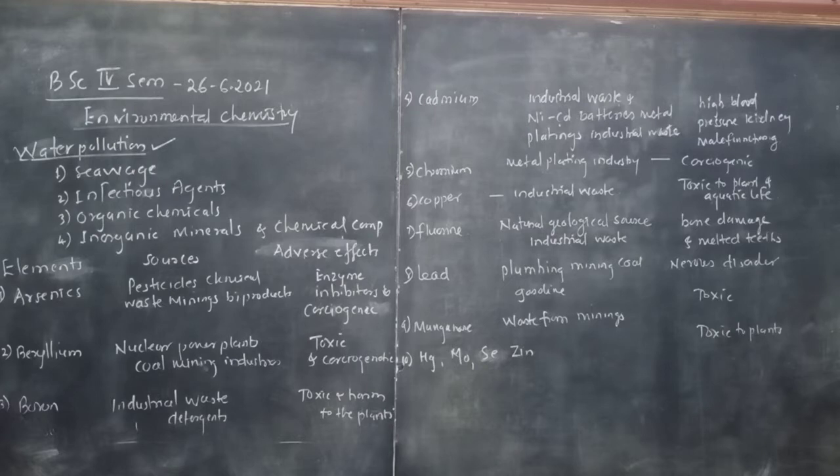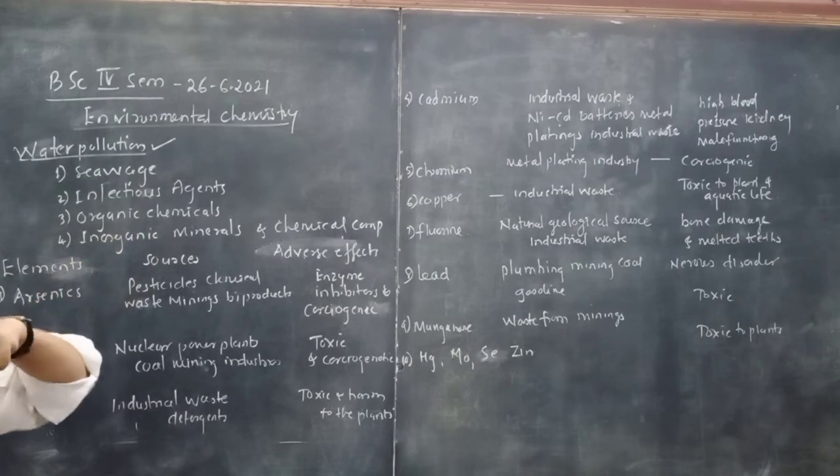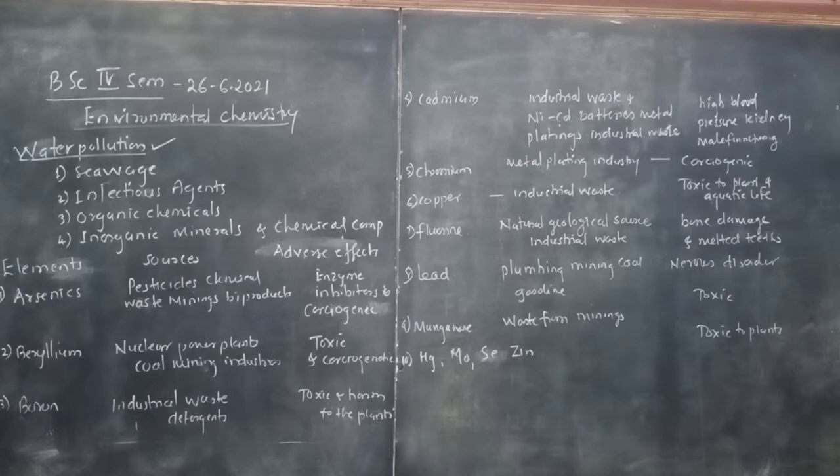The first one is sewage. You know what is meant by sewage: it is waste that is thrown out, waste from the municipality and other oxygen-demanding waste from industries as well as agriculture, and this waste is generally dumped into the river.